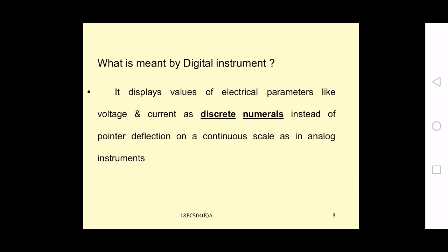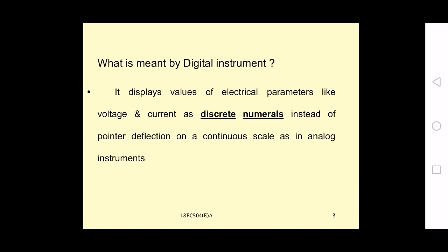So what is a digital instrument? It displays the values of all the electrical parameters like voltage, current, frequency, or some logic levels as discrete numerals, meaning we will have an LED or LCD display, on which we directly see the numbers instead of a pointer deflection on a continuous scale.